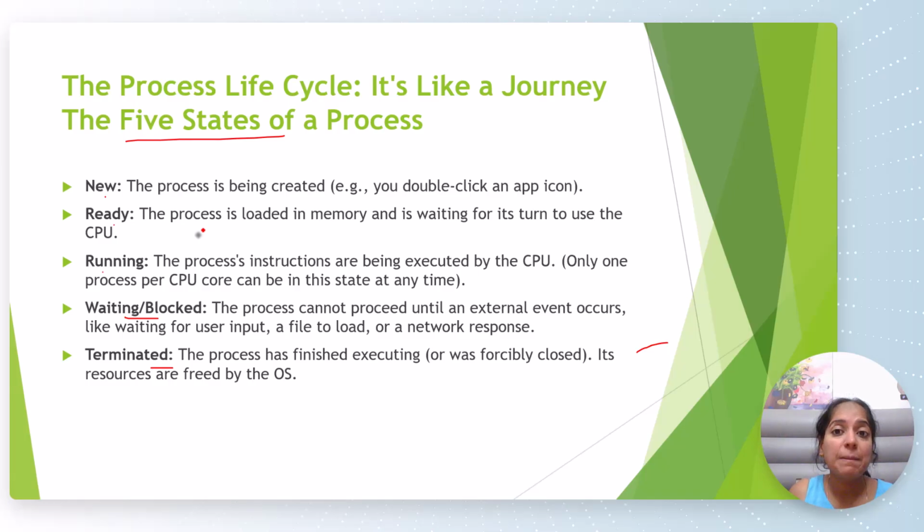So it is dependent on external factors. When you enter the input, then it will execute further. Till it waits for the external input to complete, that is called the waiting state or blocked state, because the process cannot continue until that event occurs.